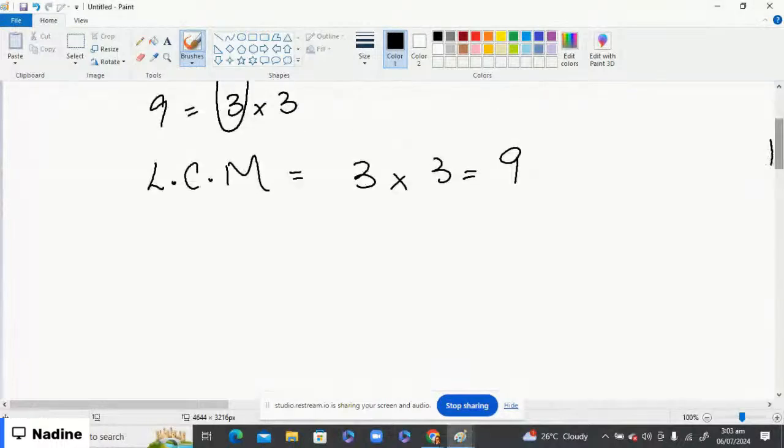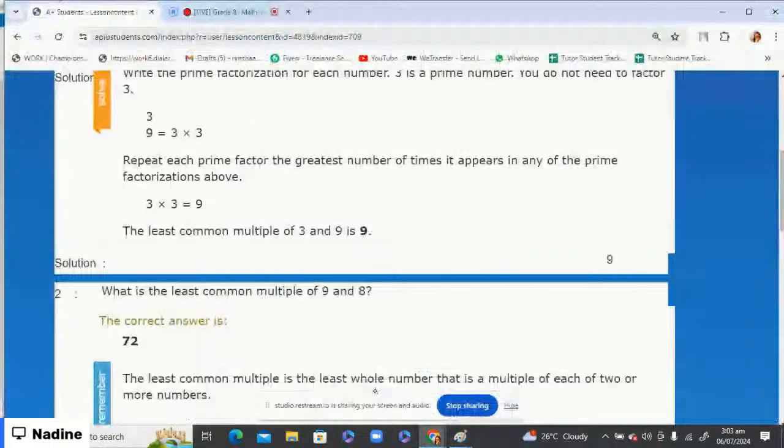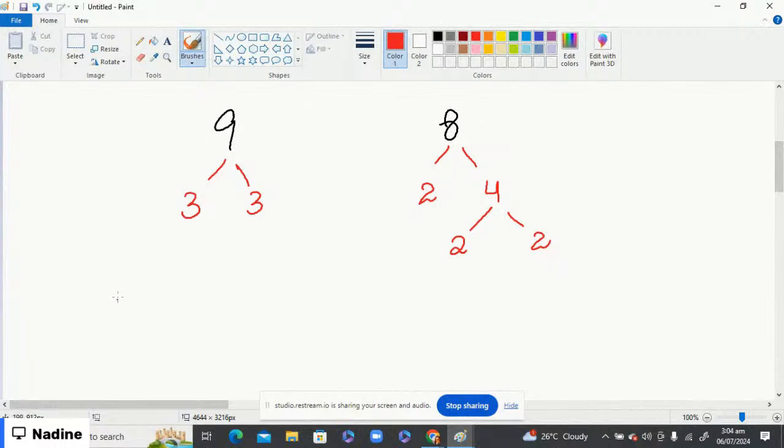Now let's solve the other one. If you're going to write it down, here is the question: 9 and 8. Let's do it. 3 times 3 is 9, and 4 is 8, then 2 times 2 is 4. Now for 8, the factors are 2 times 2 times 2, and for 9, it's 3 times 3.